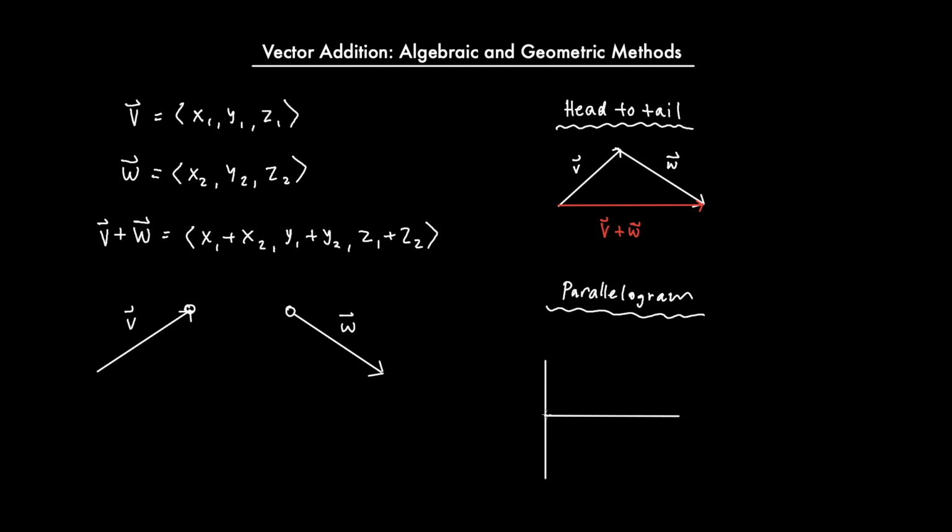Vector v would look something like this, and vector w would look something like this, and we can label them as such. Now, we'll make a parallelogram out of these vectors. We're going to move vector v and make a copy of it over here.